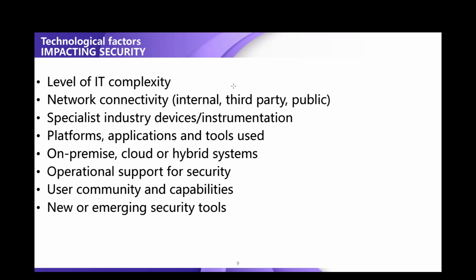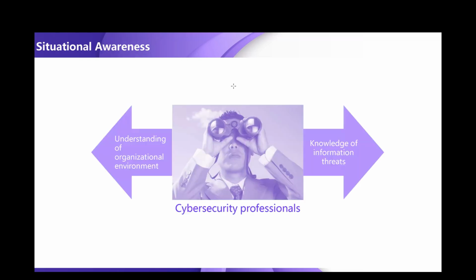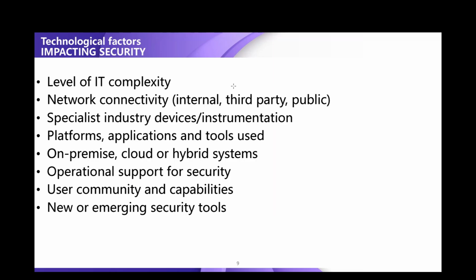So what are the technology factors impacting security? For you to understand your organization's environment or have knowledge of information assets, you need to look at the level of IT complexity. Technology is very complex now. You need to look at network connectivity.